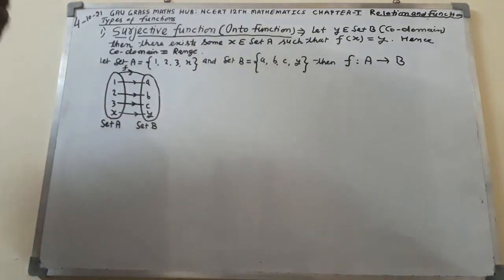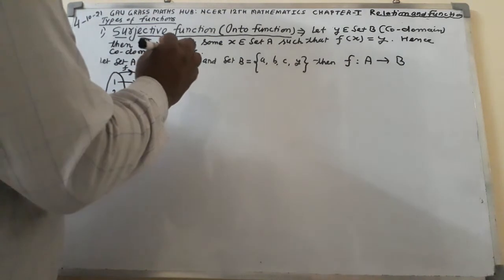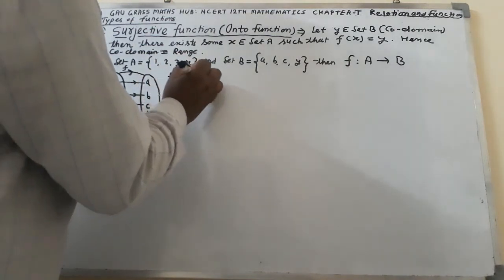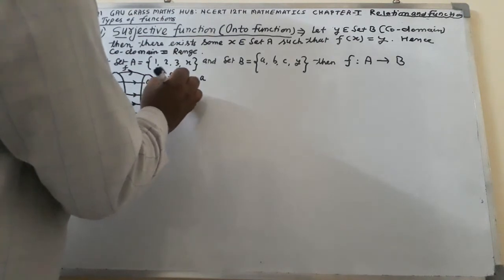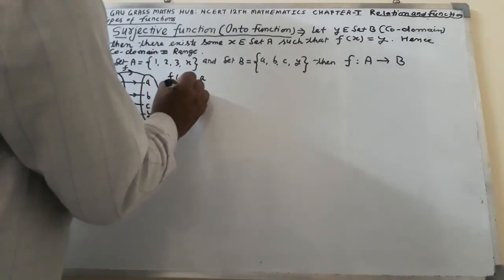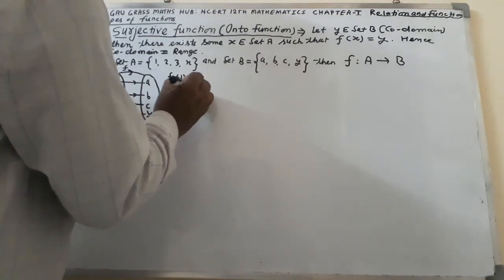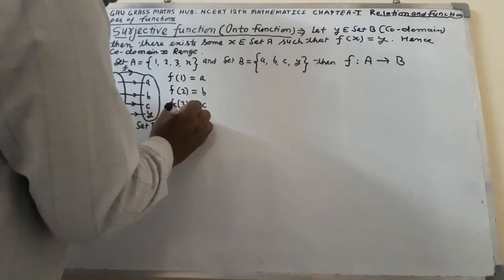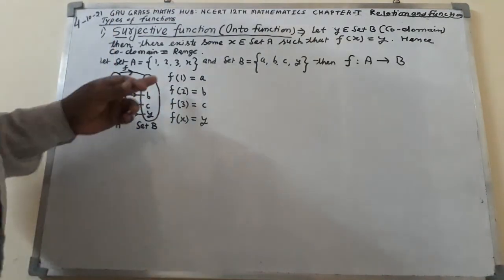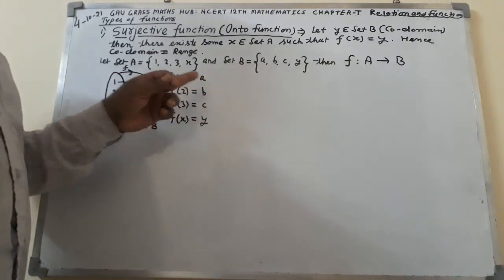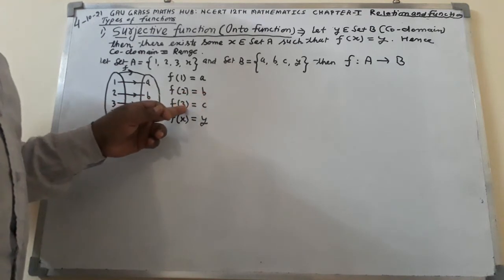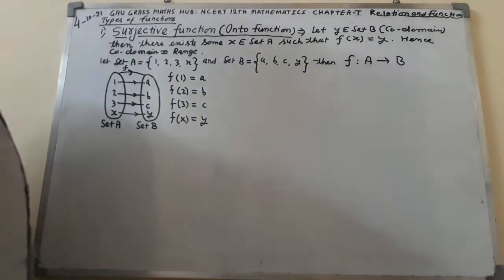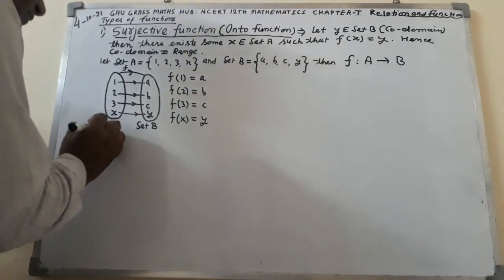Here you can see the image of 1 is a, the image of 2 is b, the image of 3 is c, the image of x is y.